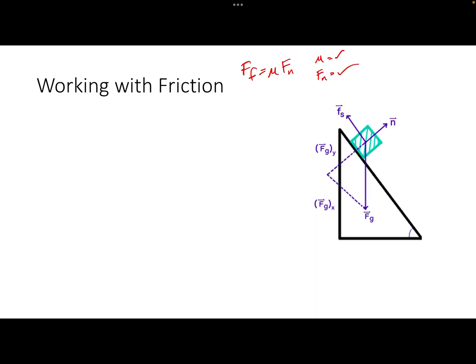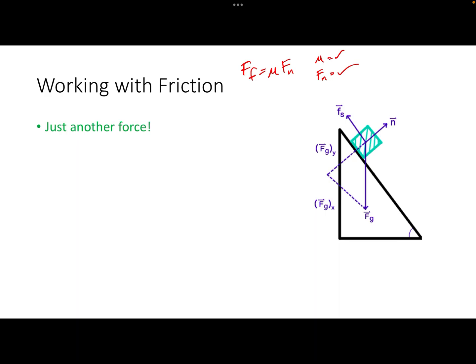Look around the room right now and think about the objects that are in this room. We don't know mu at all. And we might be able to find the normal force by making some measurements, but we don't know that offhand right now either. So very often what we're going to be doing with friction is dealing with it as if it's just another force, like an applied force, a force from tension, a pushing force from a person, an object pushing on another object.